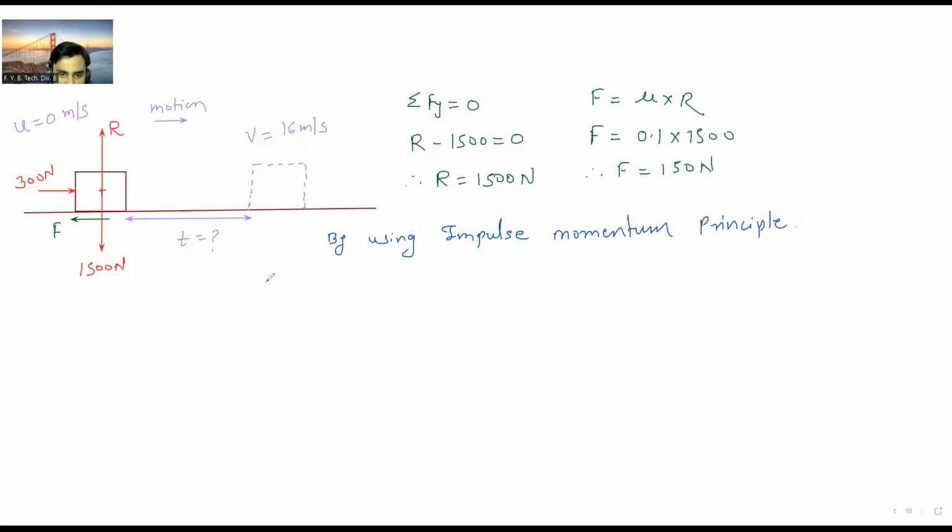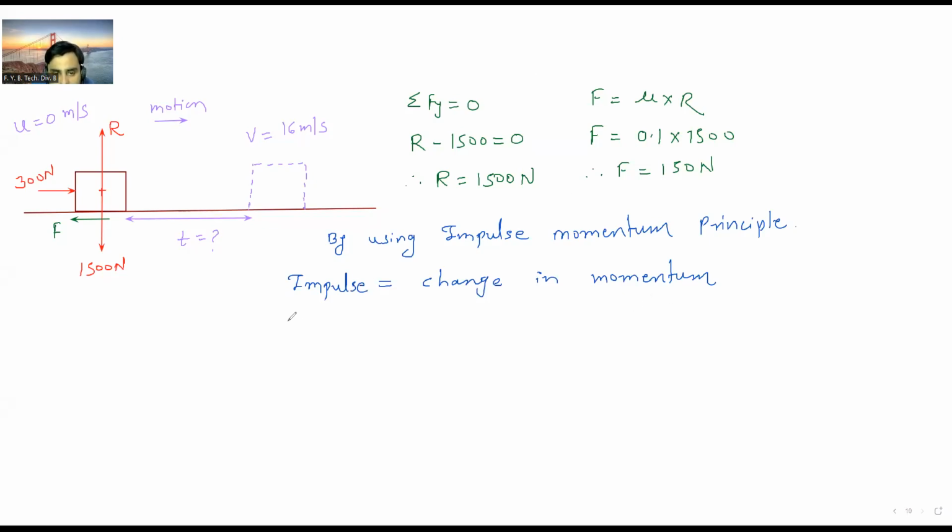What this principle says is that impulse, which means summation F into T, is equal to change in momentum. This is the law. The law says that impulse is equal to change in momentum.